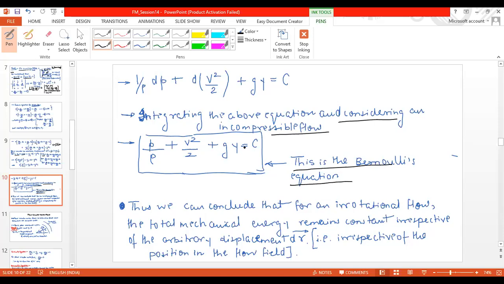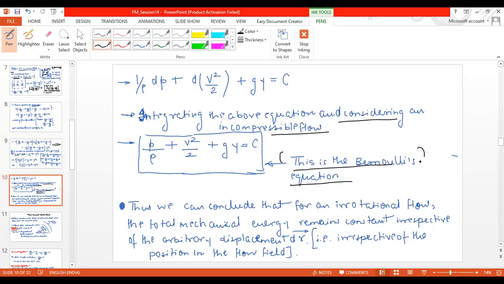We observed that this equation of energy for irrotational flow is simply Bernoulli's equation, and the assumptions are that the flow is steady, incompressible and inviscid. These assumptions are already there.